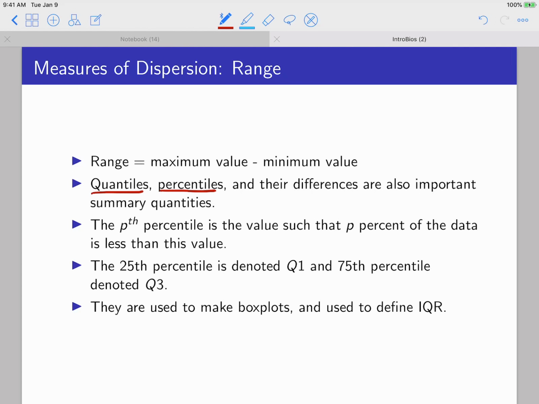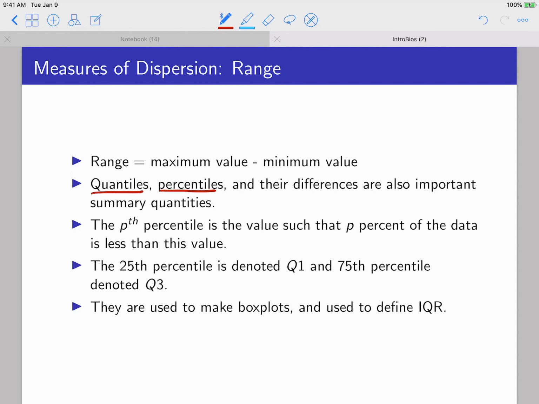So what's the definition of these percentiles? The pth percentile is the value such that p% of the data is less than this value, and we're going to look at an example of how to actually compute some of these things. There are special denotations for the 25th, 50th, and 75th percentiles. The 25th percentile is called Q1, sometimes called the first quartile.